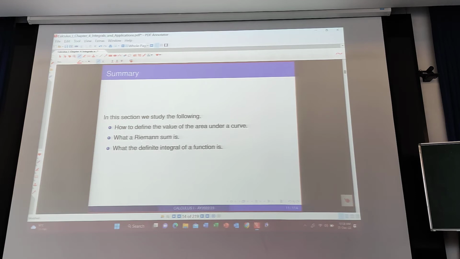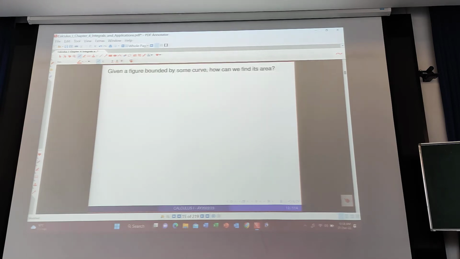In the definition, you will have the Riemann sum, the new notion, and finally the definite integral. Okay? Now look at that. If you are given a figure bounded by some curve, how can we find its area?